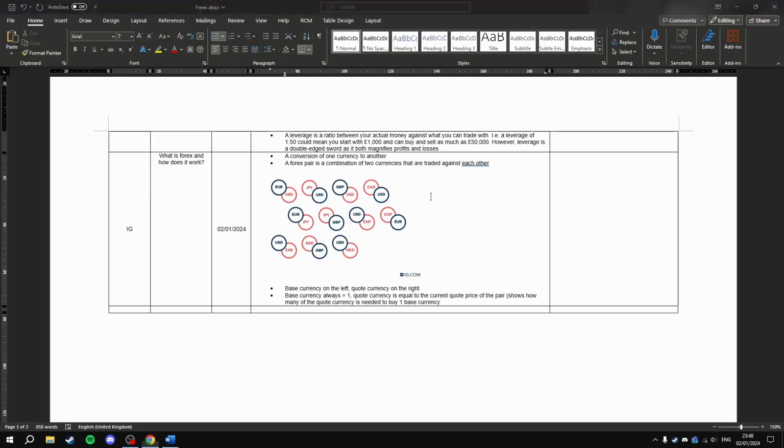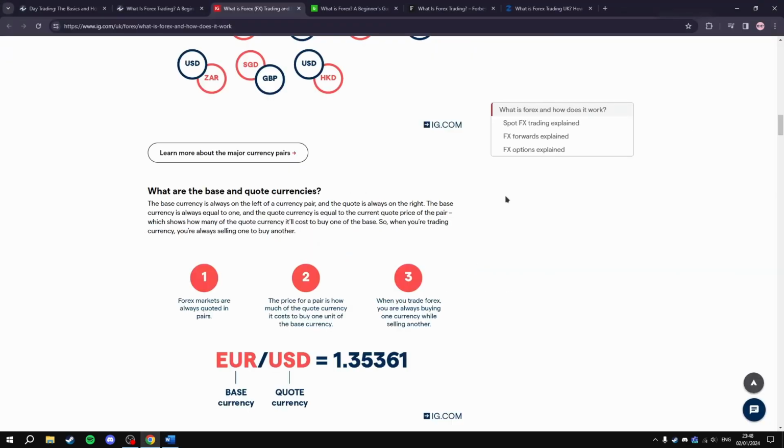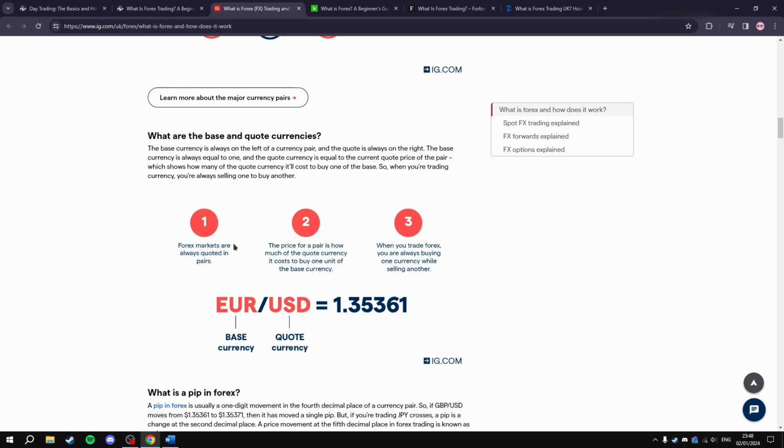So we are trading currency, always selling one to buy another.